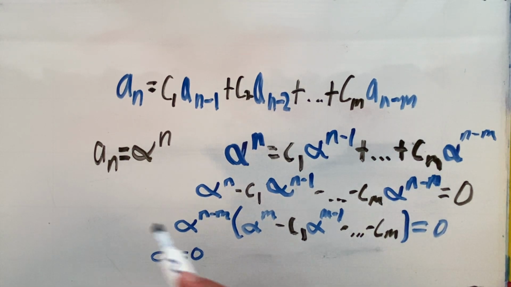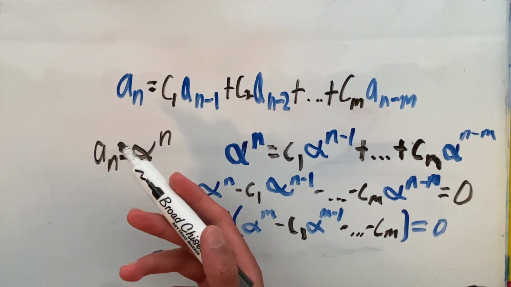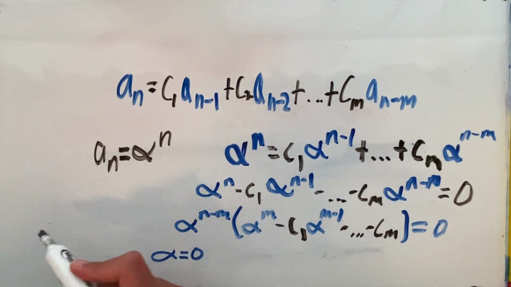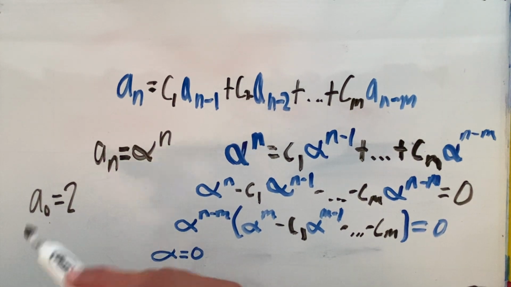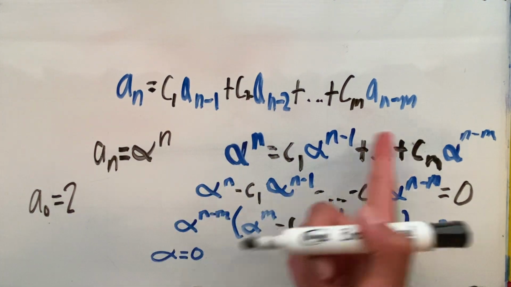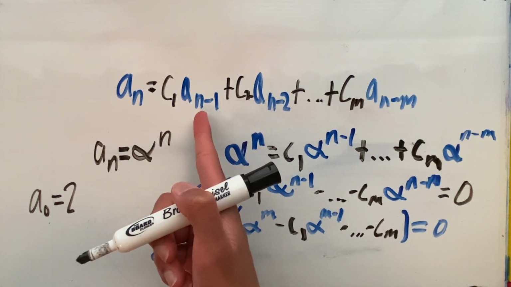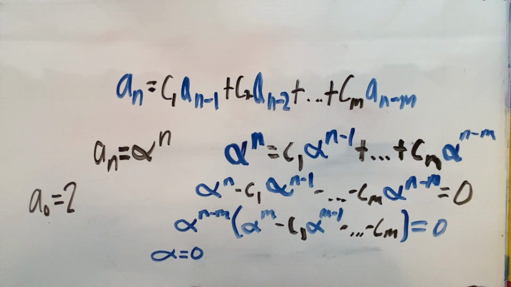And usually you can just try to plug it in and check the given values of a sub n. So maybe you're given a sub 0 equals 2, and you're probably also given some other values, because you need m initial conditions if you want to compute any values using the recurrence relation in the first place.